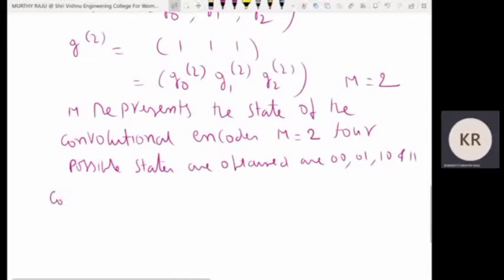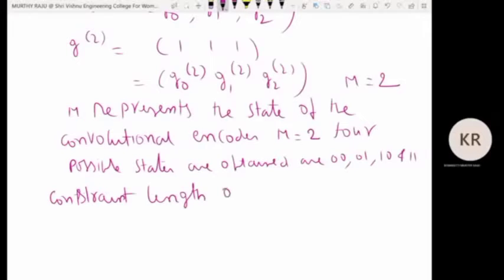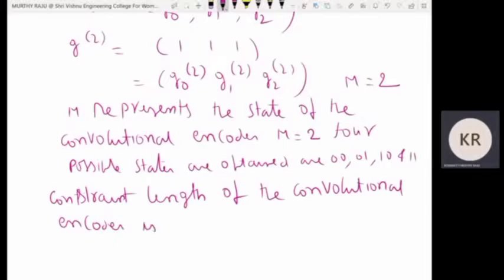Next one, constraint length of the convolutional encoder is M plus 1.